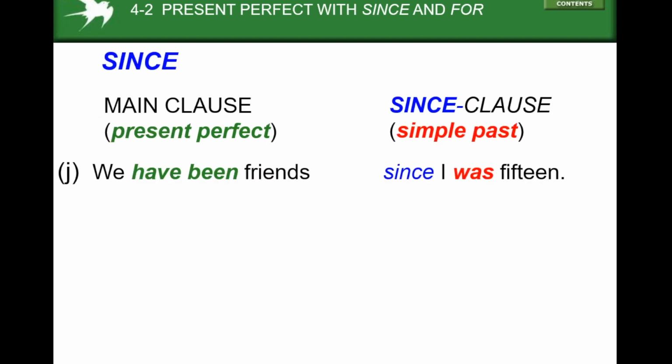Here we see some examples where since is followed by a subject and a verb. We have been friends since I was 15. Notice in the example, the present perfect is used in the main clause, while the simple past is used in the since clause.